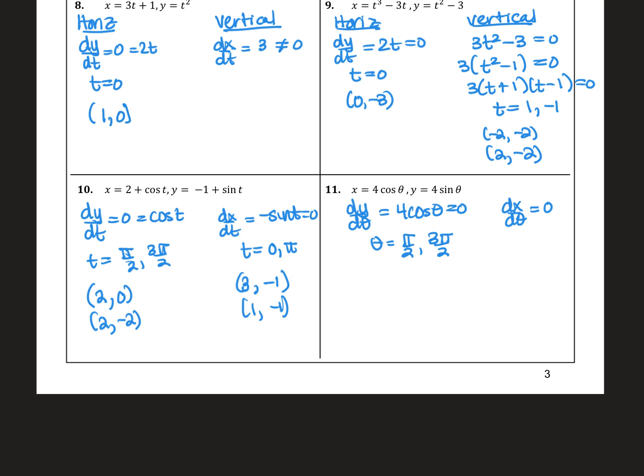That's going to happen when minus sine of theta is equal to 0, and that's going to happen when theta is equal to 0 or pi. And again, we can put all those in. So at theta equals pi/2, the point is at (0, 4). At 3 pi/2, the point is at (0, -4). At theta equals 0, the point is at (4, 0). At theta equals pi, it is at (-4, 0).